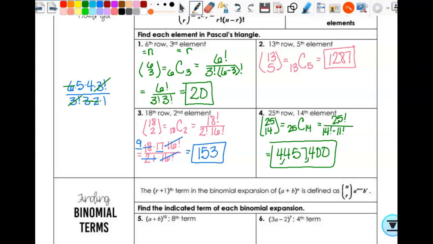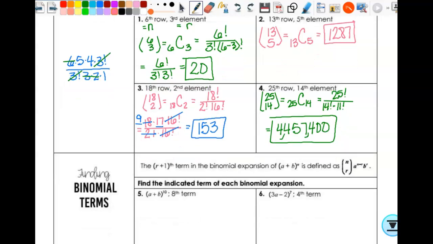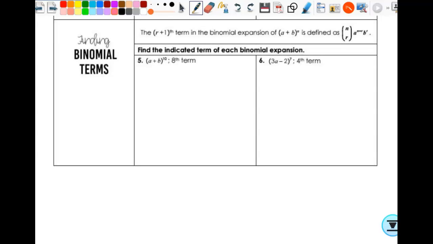All right. So let's look at how we're going to use this. What this gives us is the elements in Pascal's triangle. It doesn't actually give us any terms in a binomial yet because we haven't applied it to that. So that's what we're going to do here. So the r plus 1th term in a binomial expansion of a plus b to the n power is defined as this here. Okay? Now remember, the r, the term number, and the element number are different.